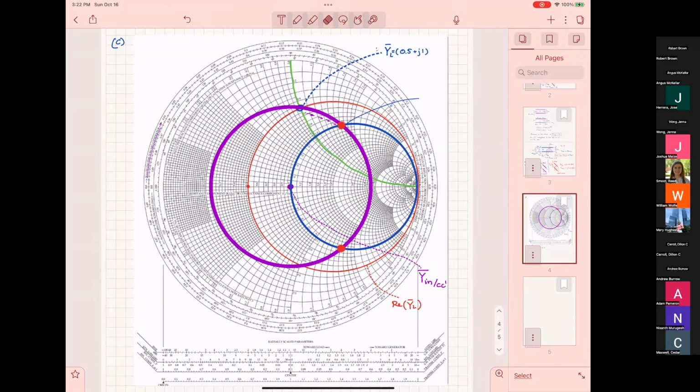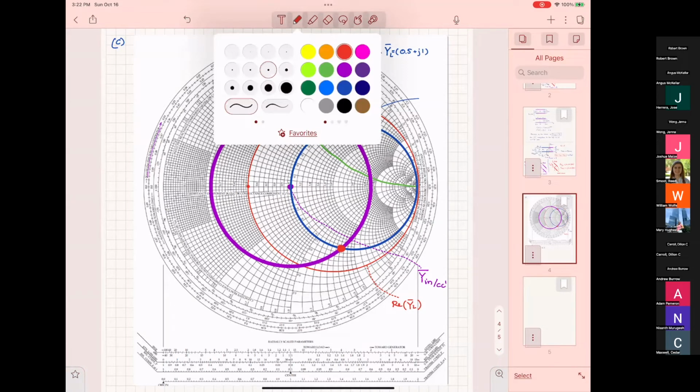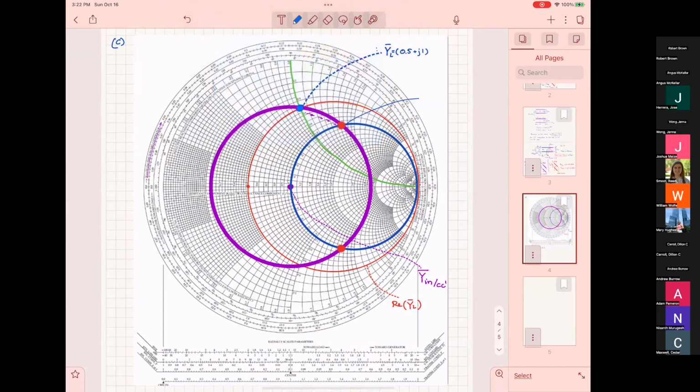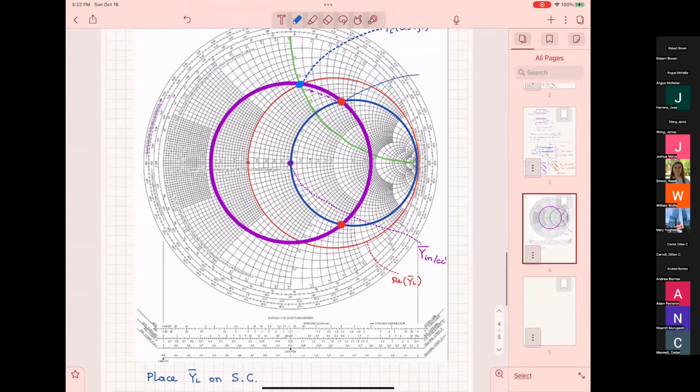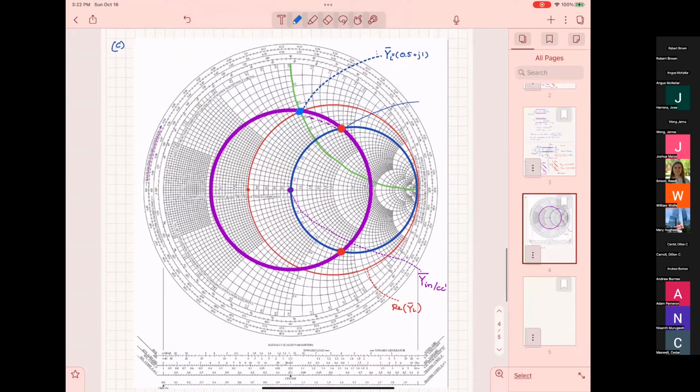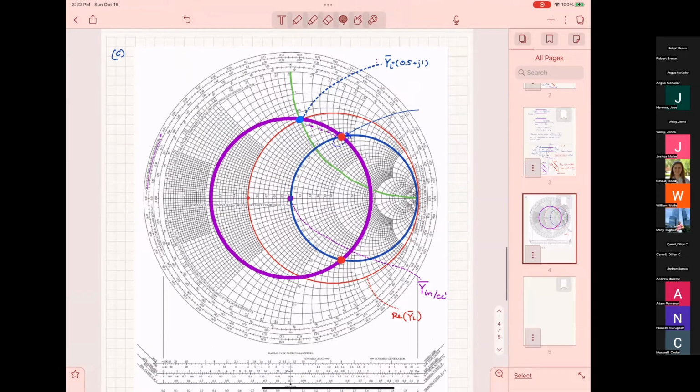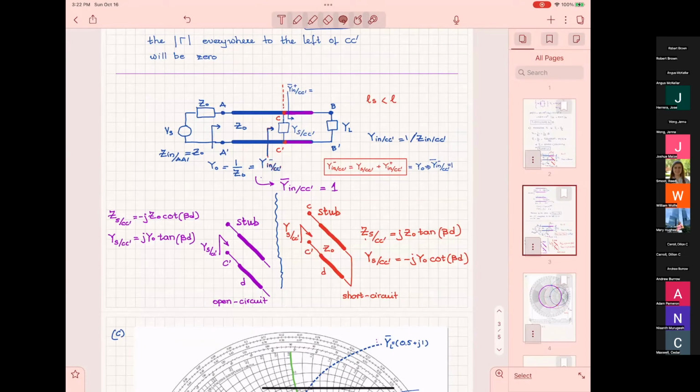One is as I move from YL. You remember the point I'm moving from is this point. That's my load. As I move from the light blue point to the red, I move along this part of the line.